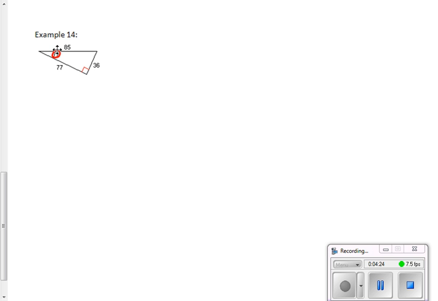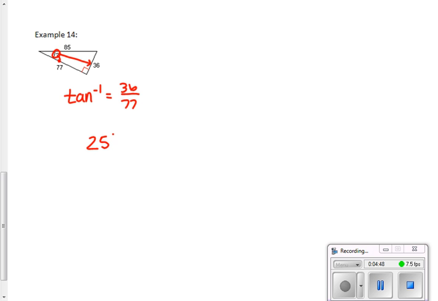If I use tangent, tangent would be opposite over adjacent. So I'm going to say inverse tan, opposite, which is 36, over adjacent 77. Hit equals, round to the nearest degree, which would be 25 degrees.